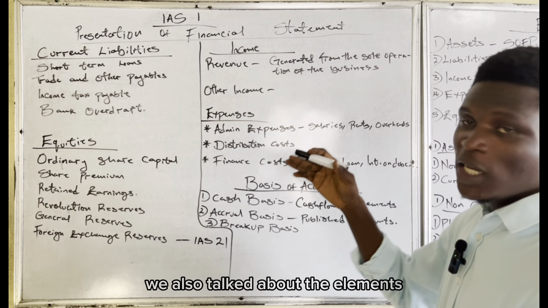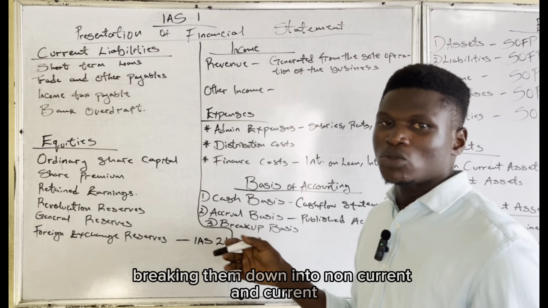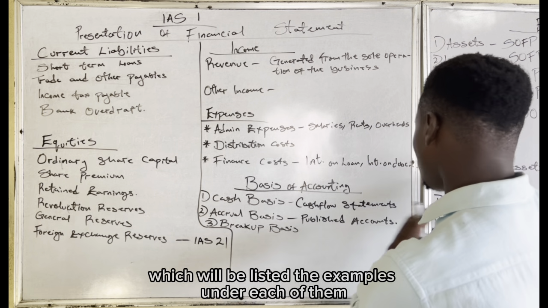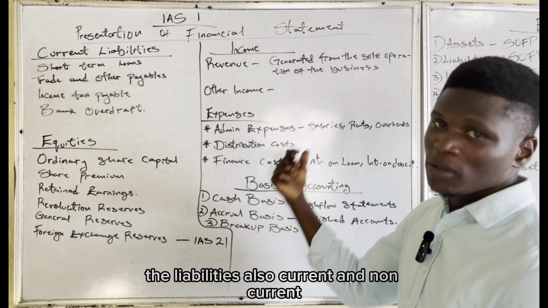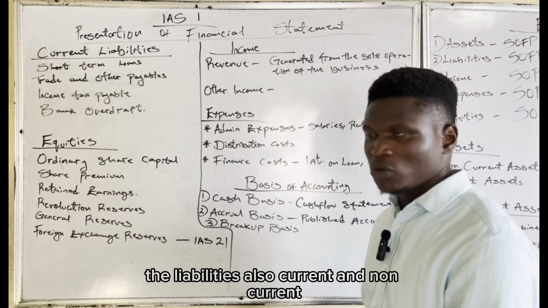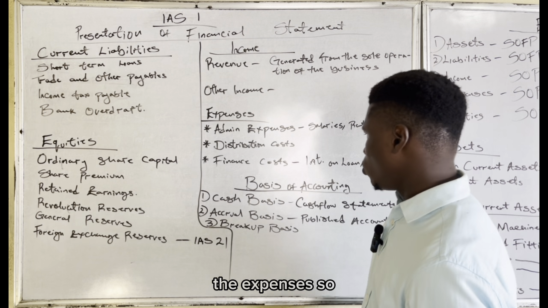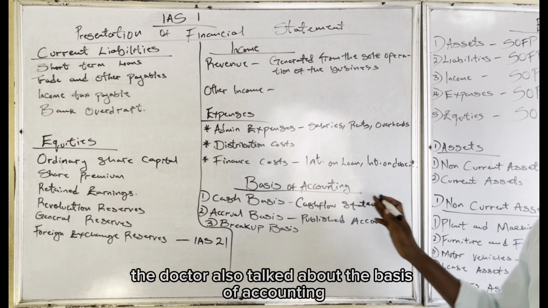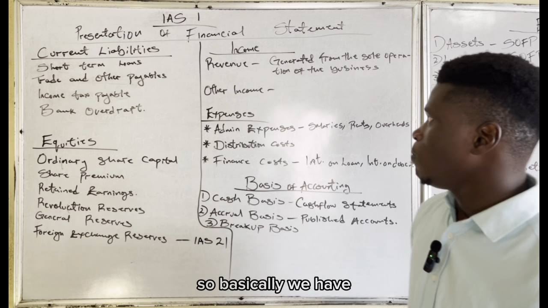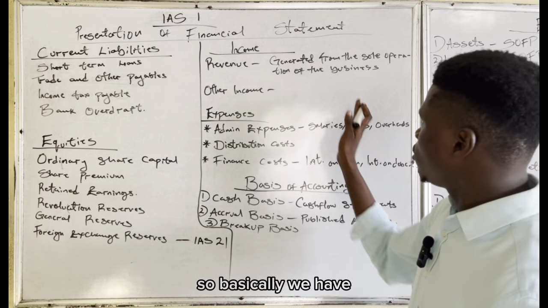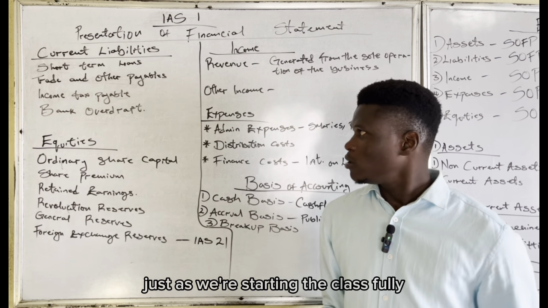We also talked about the elements of these financial statements, which are the assets, breaking them down into non-current and current, which we've listed the examples under each of them. The liabilities, also current and non-current, the equity items, the income, the expenses. So we've also talked about the basis of accounting, the cash basis, accrual basis, and breakup basis.